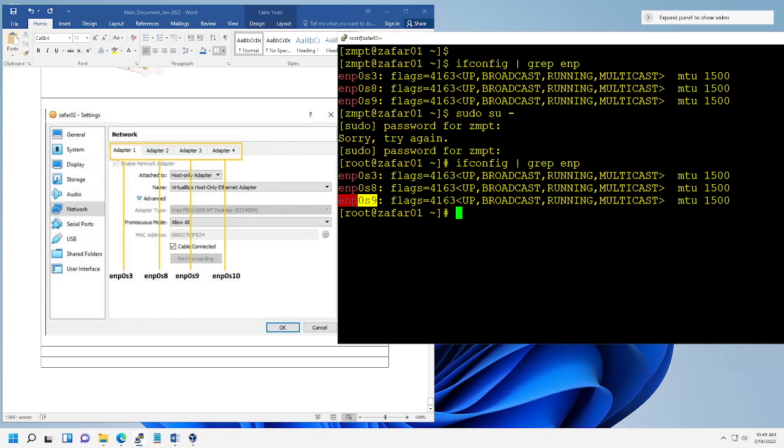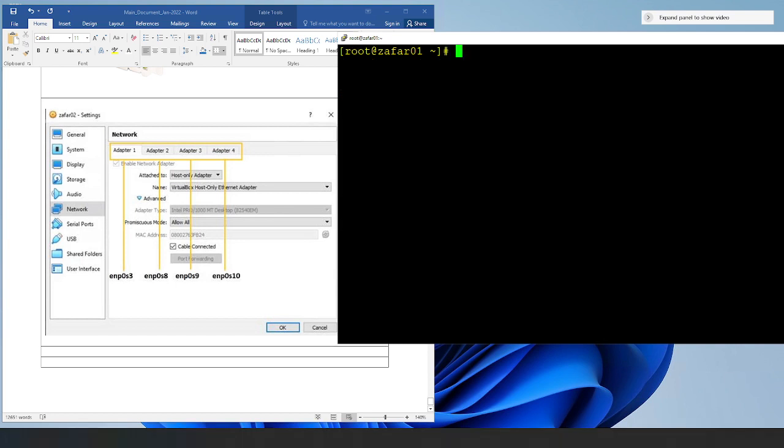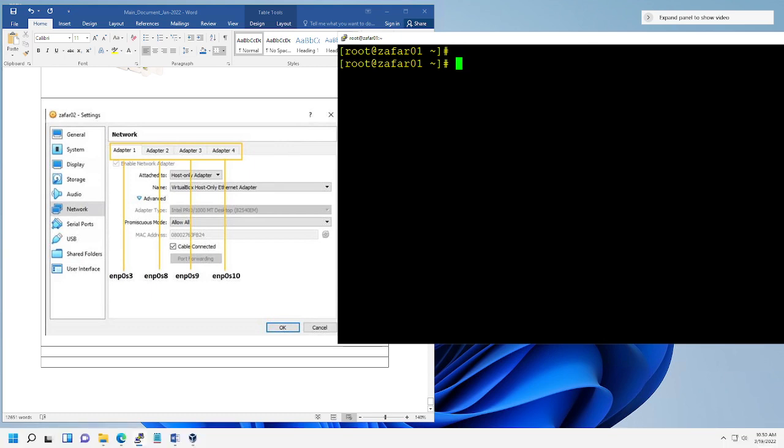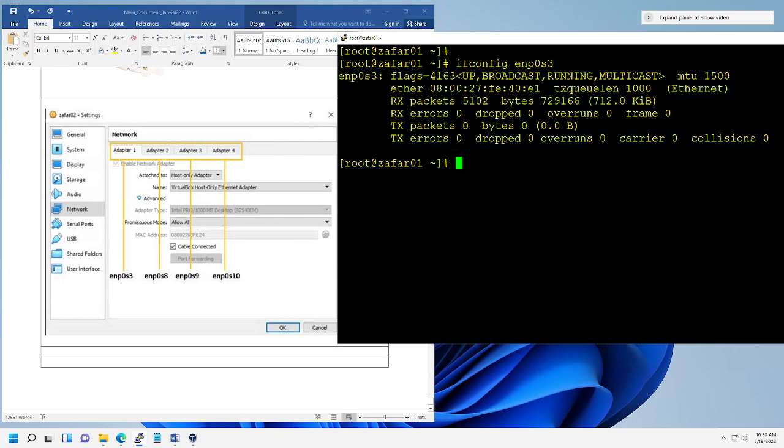Okay, so now let's look at adapter 3 information. Let me clear the screen. I'm going to type ifconfig and then the adapter name, and I hit enter here.